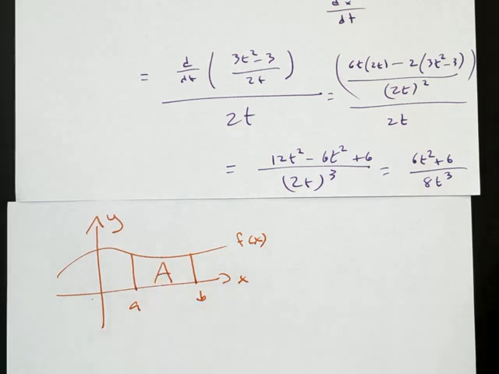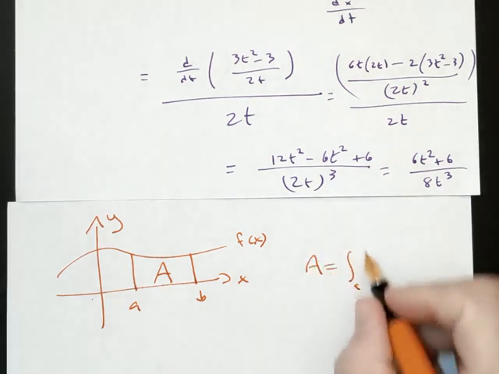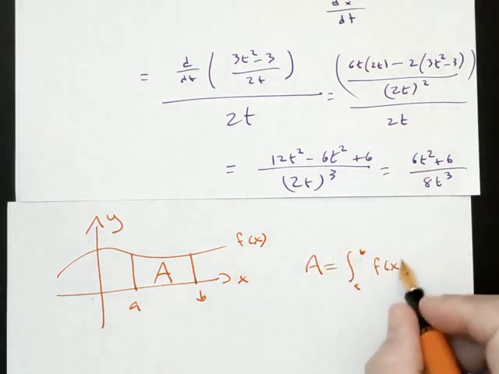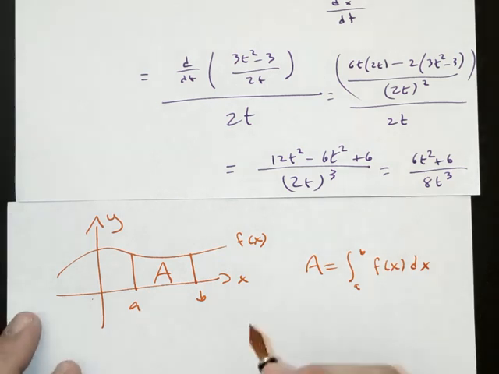Way back when we did integrals the very first time, I drew a picture like this, and I said this area is the definite integral of f of x dx. But f of x is our equation y equals f of x, right?